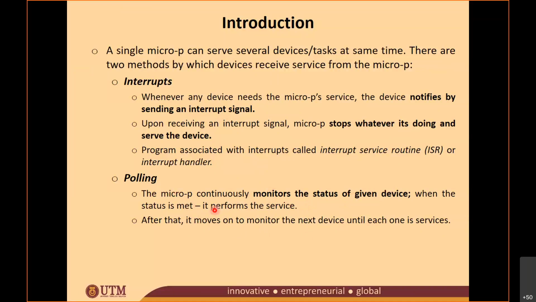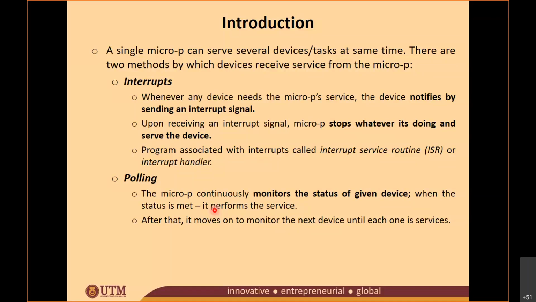Again, you currently execute a program A. In the middle of program A, you want to do a program B. But because you use the polling method, you need to finish program A, and after program A is finished, then you can do program B. That is the difference between interrupt and polling.